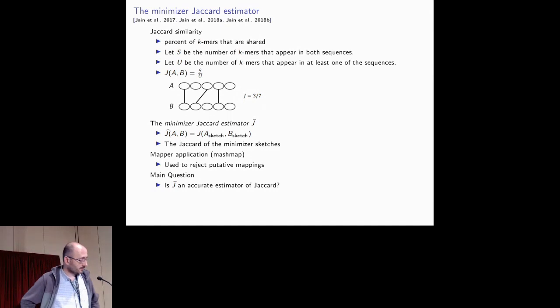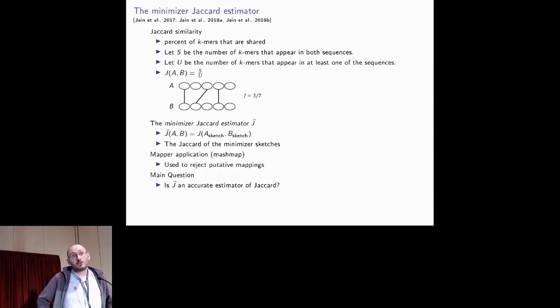Now, the Jaccard is simple to define, but computationally intensive to compute because you have to do this intersection between large sets of k-mers. So in reality, it's actually not often computed directly. What makes it nice is it's amenable to being used with a sketch. In particular, you can use it with the minimizer sketch I described.